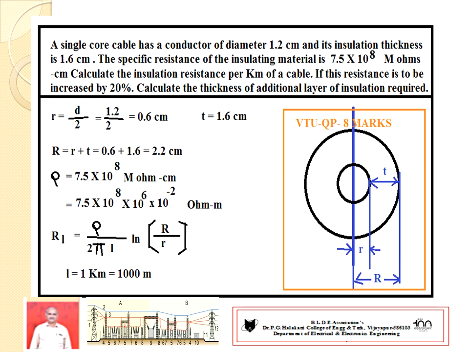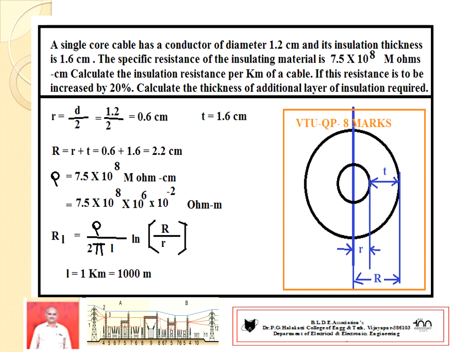If this resistance is to be increased by 20%, calculate the thickness of additional layer of insulation required. It is one of the VTU question paper for 8 marks. Okay, this problem is taken from your Bakshi.